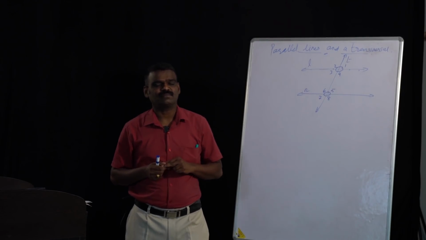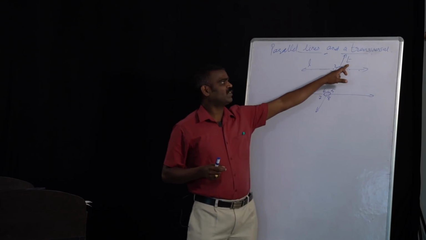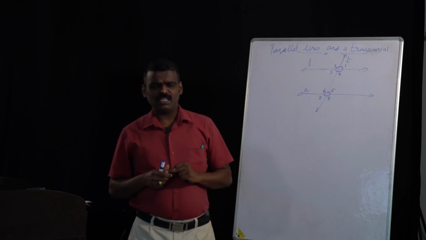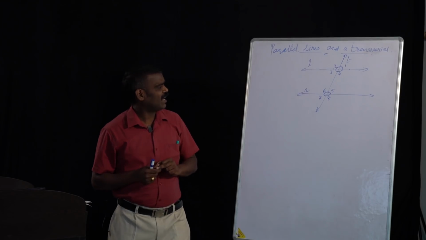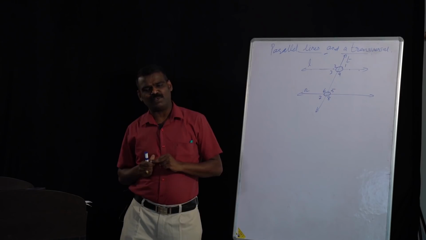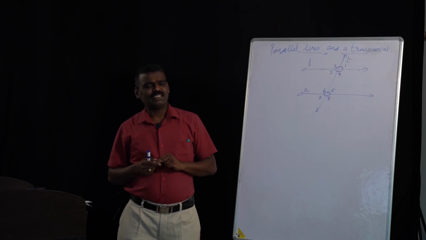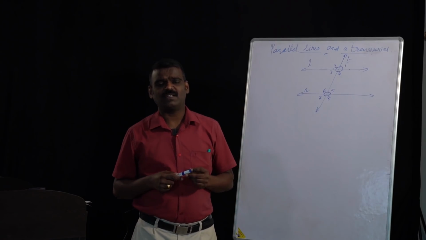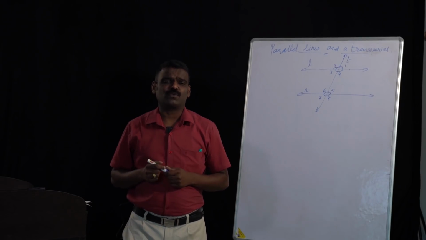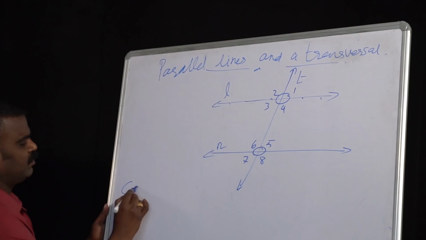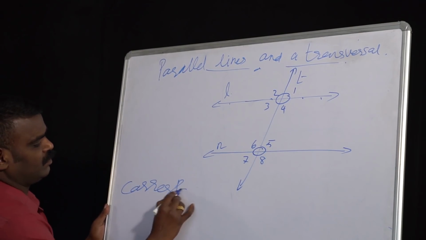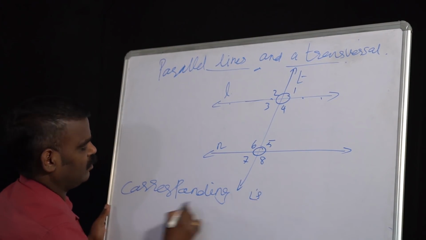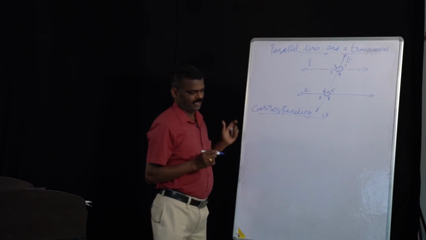What is the relation? He is the eldest one of the first family, he is the eldest one of the second family. Angle 1 is the eldest one of the first family, angle 5 is the eldest one of the second family. They are called corresponding angles. What is corresponding angles?